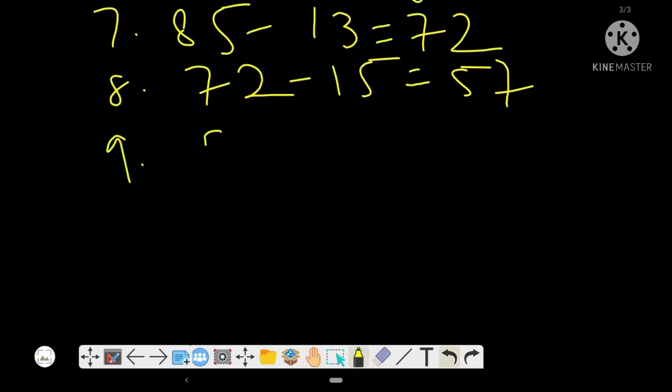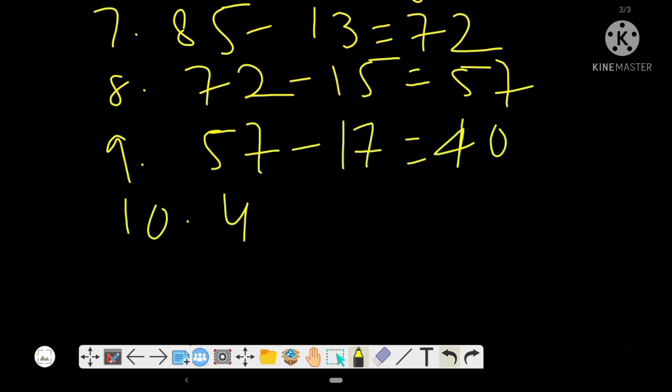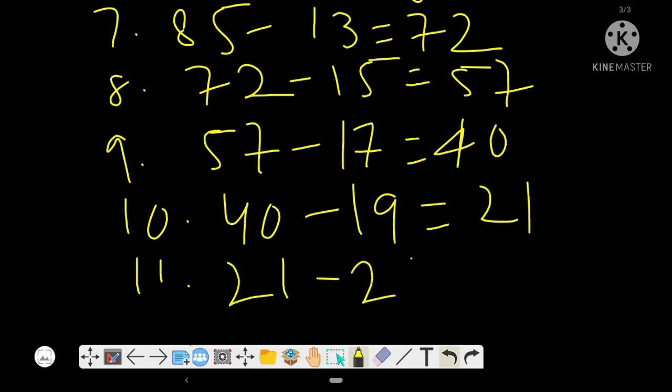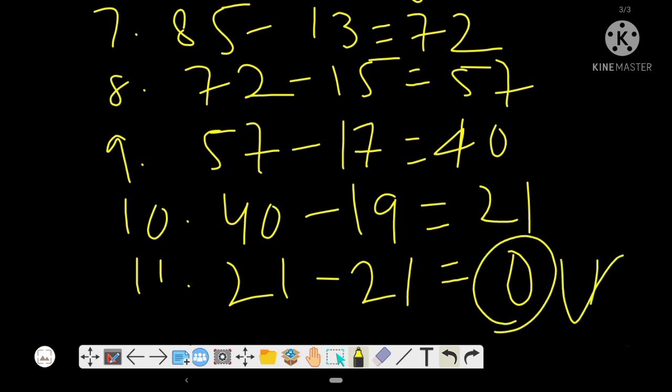Ninth step, 57 minus 17, 40. 10th step, 40 minus 19, 21. Just observe how I am doing it. The next odd number is 21 itself, so 21 minus 21 is 0. So now you have reached 0.